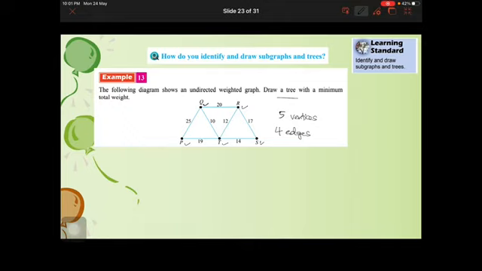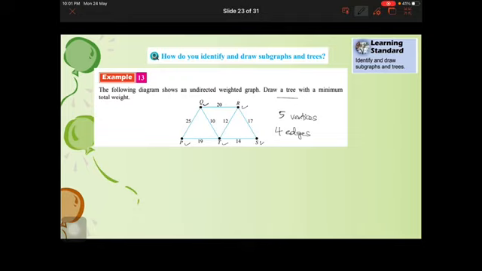Which one to remove? Since every edge has its own weightage, we will remove first the highest, the larger number, the bigger number, to keep the minimum total weight.